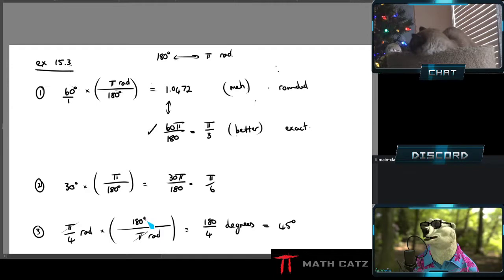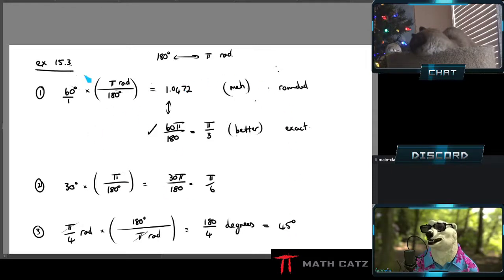And degrees stay at the top. The pi's cancel. 4 is at the bottom, the 180 at the top. 180 divided by 4 is 45 degrees. You can also think of it, well, pi over 4 means a quarter of pi. So a quarter of 180 degrees, 45 degrees.